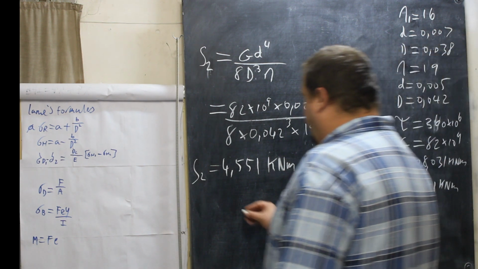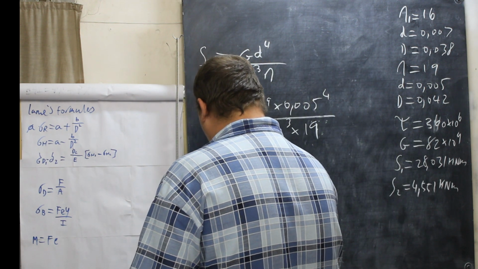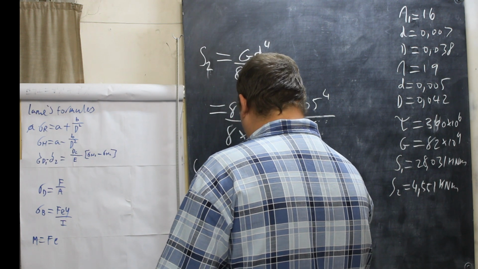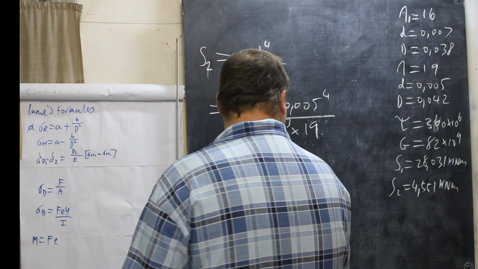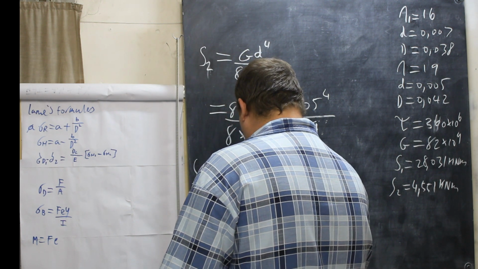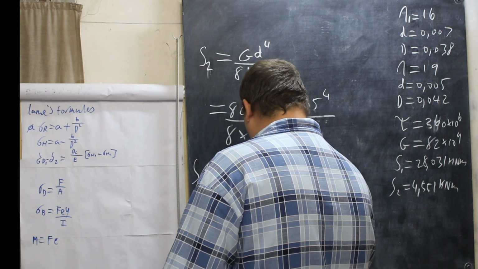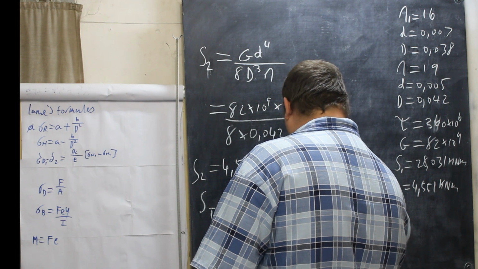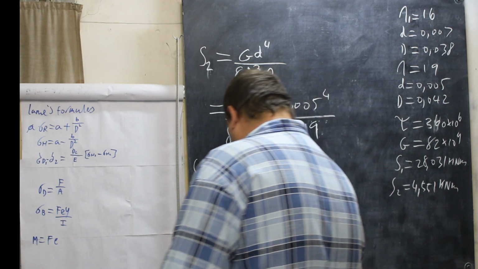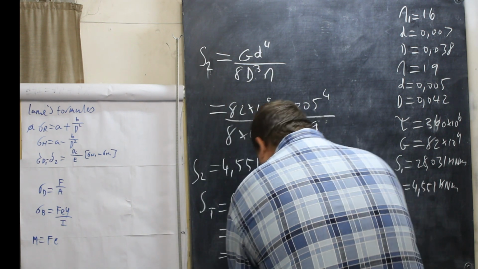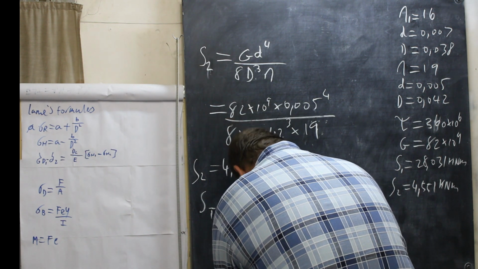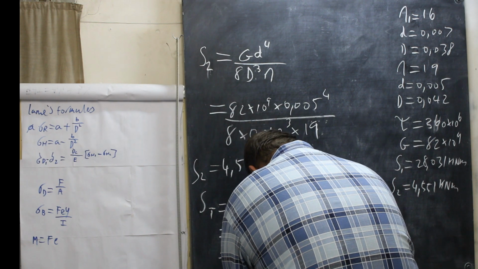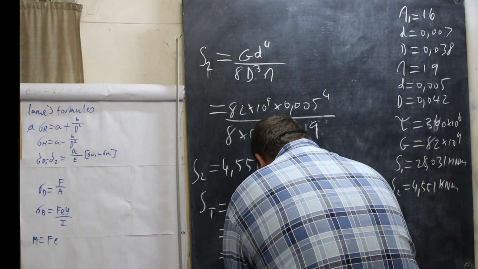Okay, now we add, so S total, we add S1 plus S2. So 28,031 plus 4,551, and that equals 32,582 kilonewton meters.